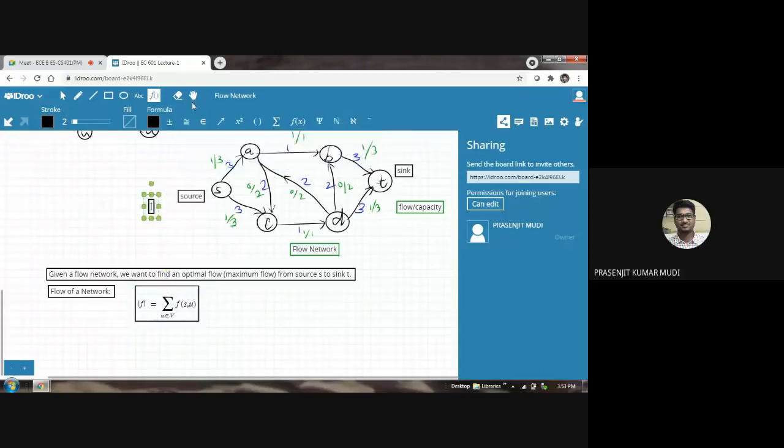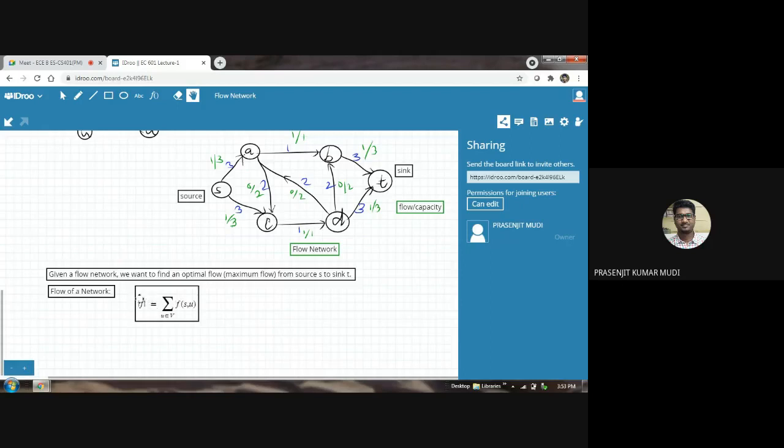Yes, sir. Okay. So according to this formula, you can have two edges, f of S comma A and f of S comma C. And what are the flow values? f of S comma A is 1, f of S comma C is 1. So the sum of them is equal to 2.